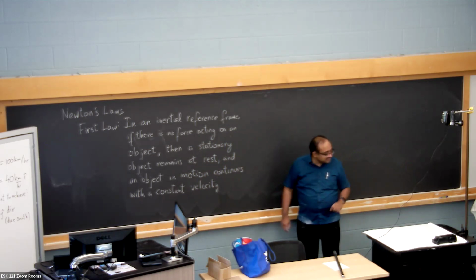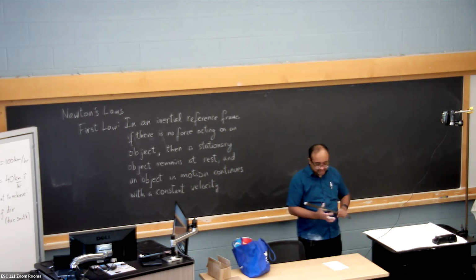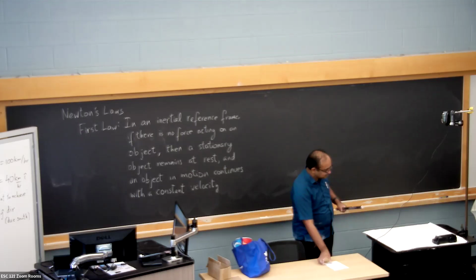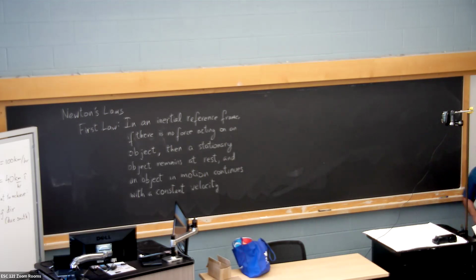Okay, we've reached the end of the time. I'll end with a short demo, and I'll save the fancier one for next time. So we said if there is a force acting, it will change the motion of the object. But if the force acts for only a very short amount of time, then it doesn't have enough time to have an effect on the object. So this is what we mean when we say that a massive object has inertia: you need a force acting on it for some time for it to change its motion.